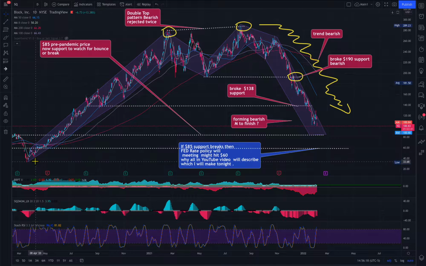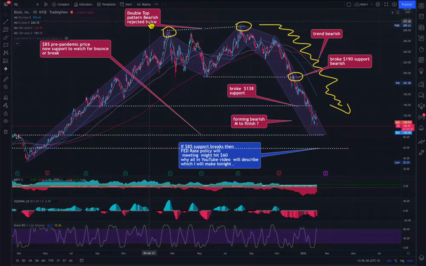If you take a look at it, every time it's grinding higher and higher, a straight upward channel created, and then it got rejected here one time, and this is the resistance, which was 289. Then the second time rejected here, and that's how it created a double top.